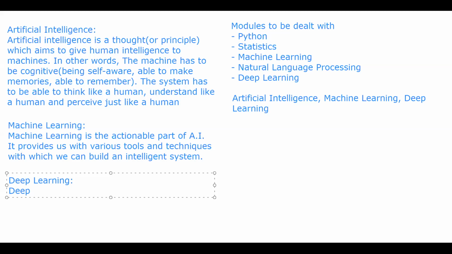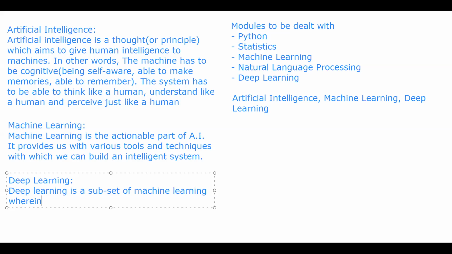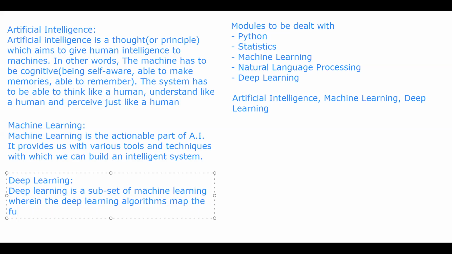Let's just write what it is. Deep learning is a subset of machine learning, wherein the deep learning algorithms map the functioning of the human brain.